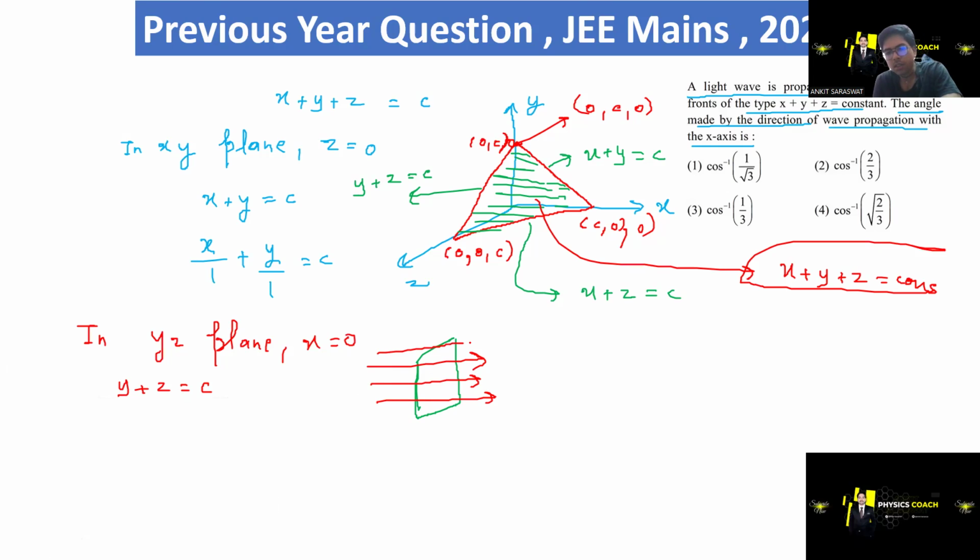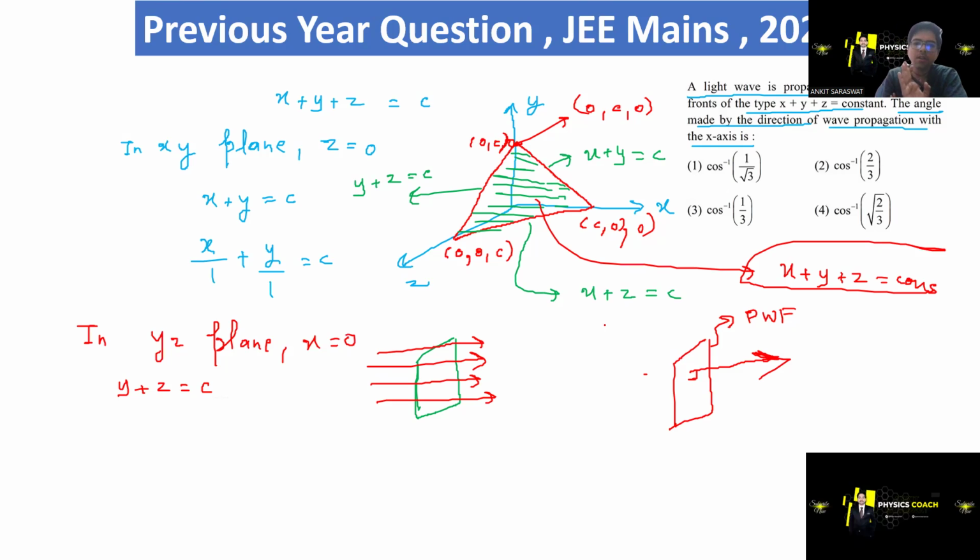So the wave is moving, the direction of propagation of the wave is in this direction. The wavefront is perpendicular to that. This is the direction of ray, perpendicular to the wavefront. This is the plane wavefront, and this is the direction of propagation of light, given by the ray.